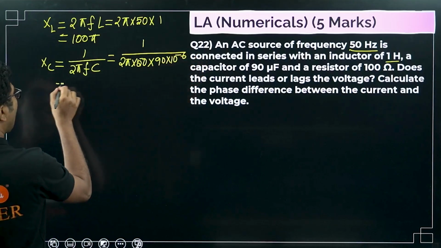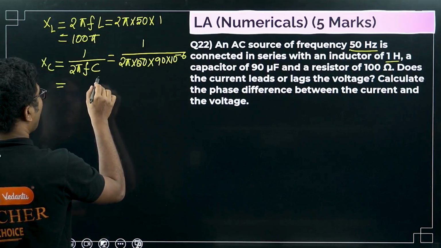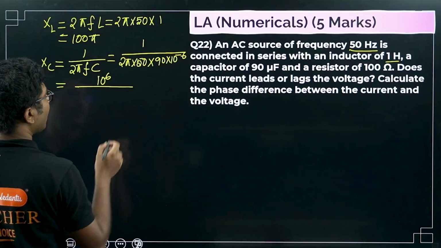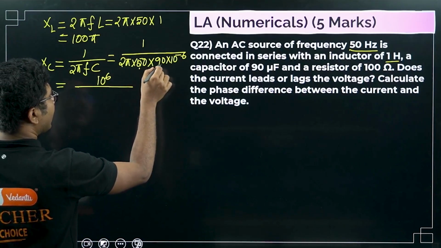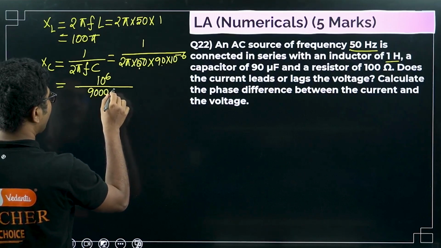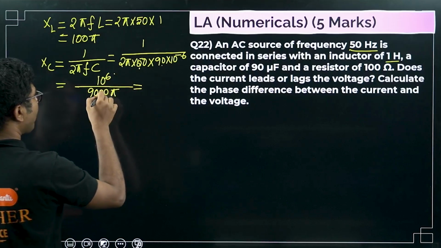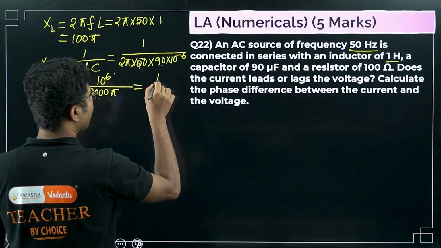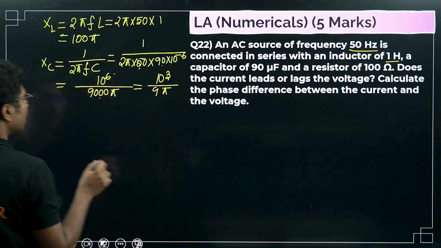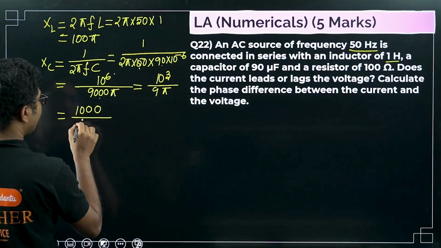So it will be 10 to the power of 6 divided by 100 pi times 90. 100 times 90 is 9000 pi. Again, you can cancel 3 zeros from top and bottom. It will be 10 to the power of 3 divided by 9 pi, so 1000 divided by 9 pi.